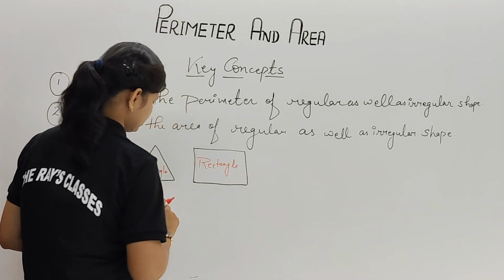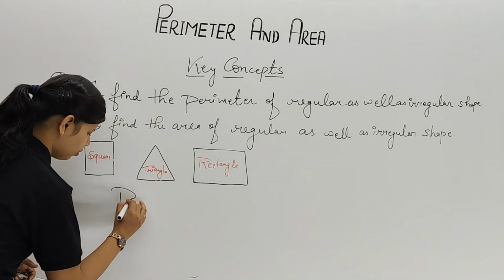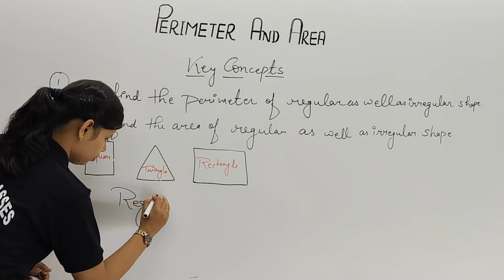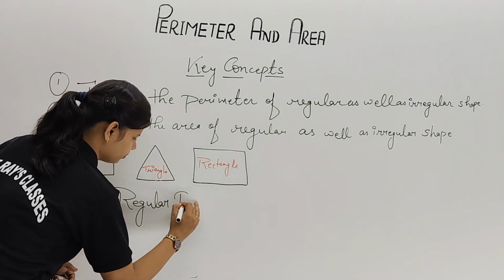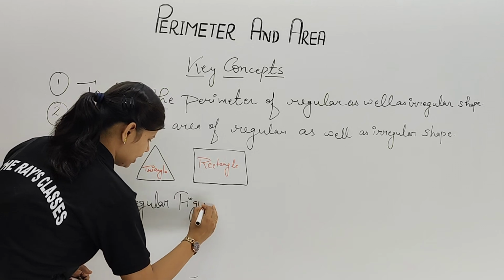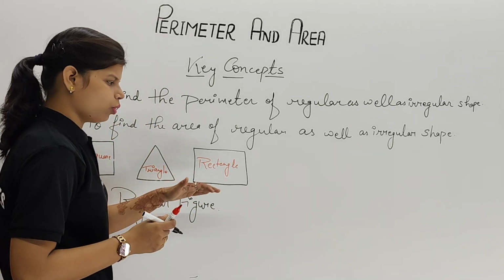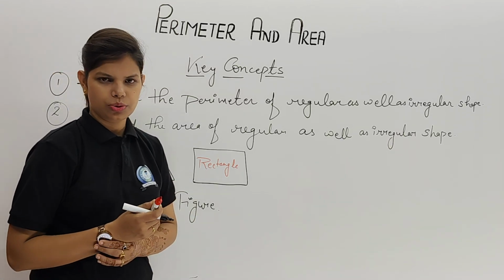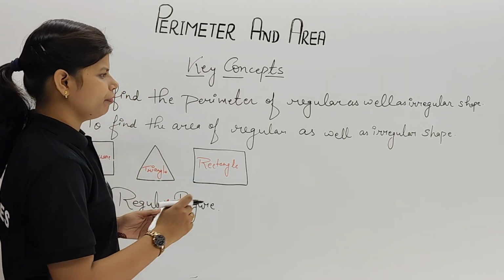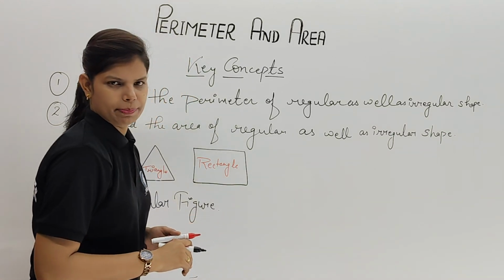These are examples of regular figures. As you are in your basic stage, children, it is very important to know all these concepts. Second, we have to know about irregular shapes.